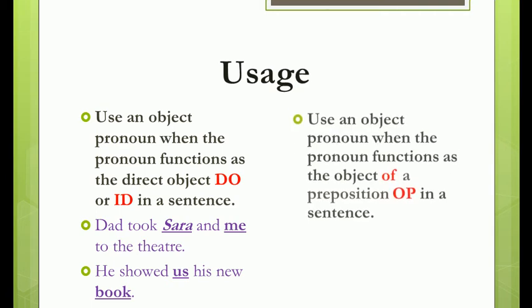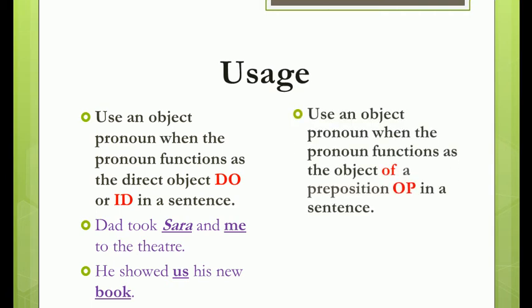The next usage: use an object pronoun when the pronoun functions as the object of the preposition, OP, in a sentence. What does it mean? Do you know what the prepositions are?